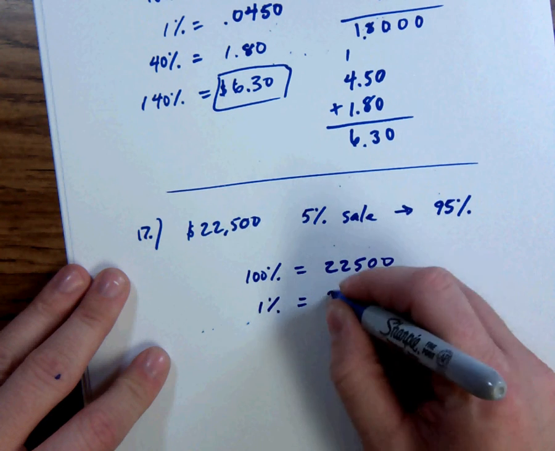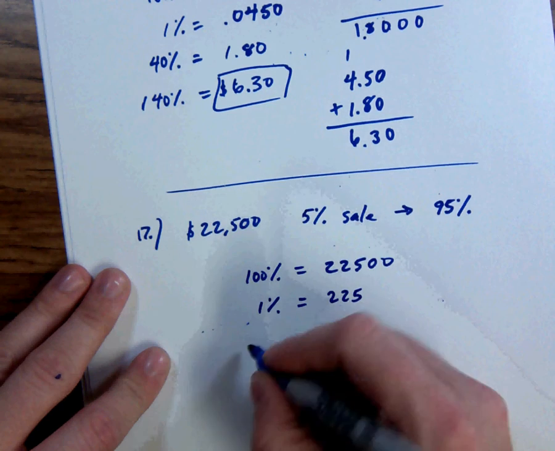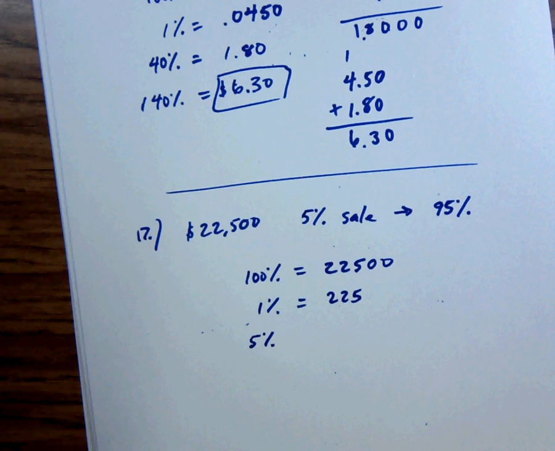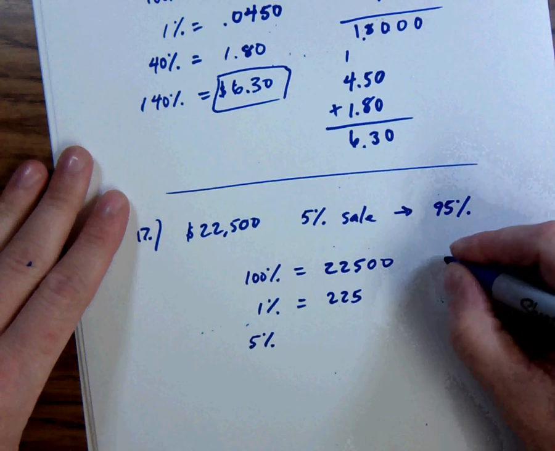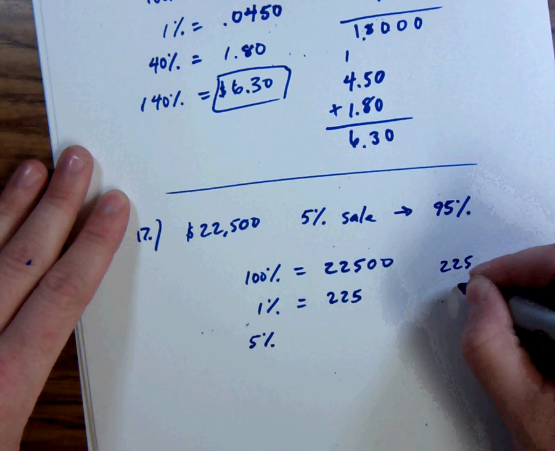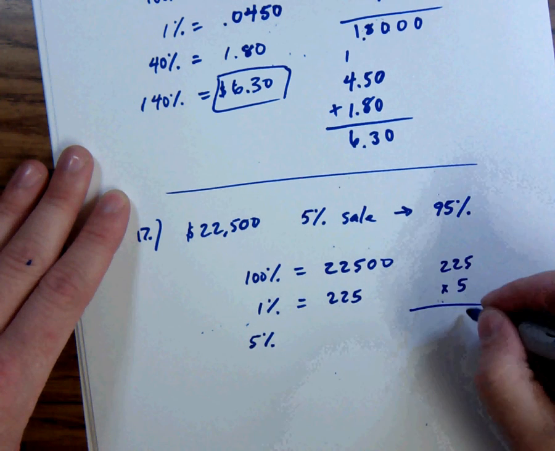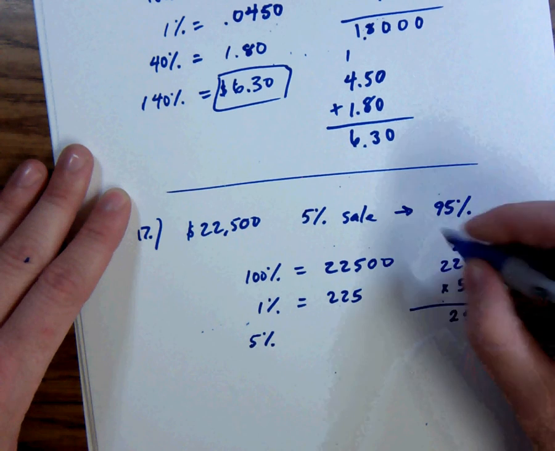1% is 225. And we want to find 5%. I'm going to do 5% first because multiplying something by 5 and multiplying something by 95 is a little bit different. So let's do 5%. 225 times 5. 5 times 5 is 25. 5 times 2 is 10 plus 2 would be 12.